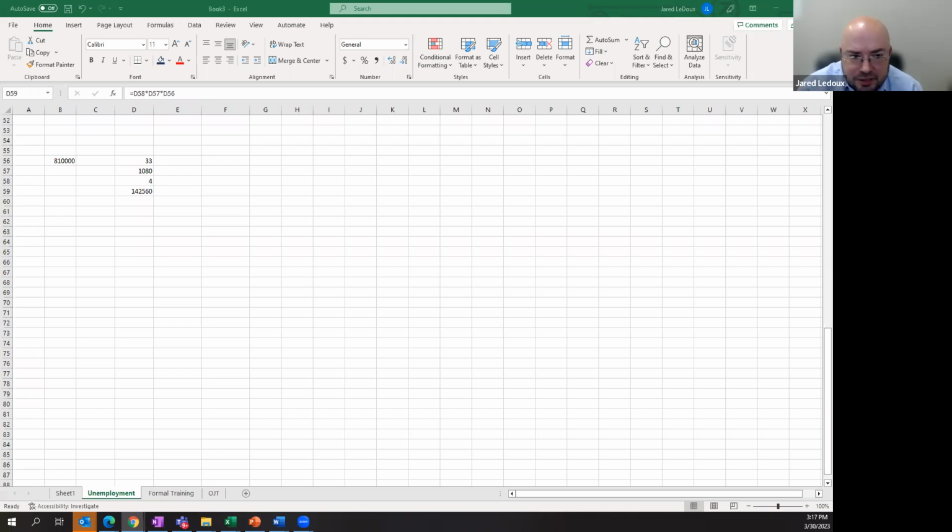In addition, there's the testing expenses that also reference an expense per applicant. It's $36 total per applicant. So again, 4 applicants per hire times $36, times 1,080 total hires.